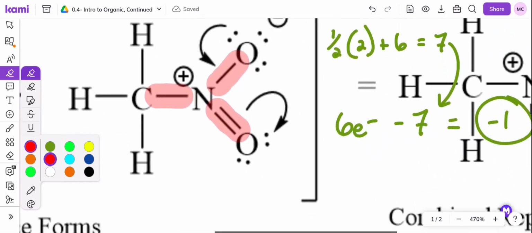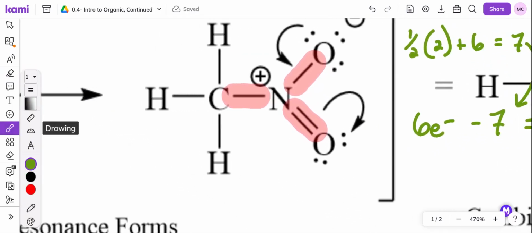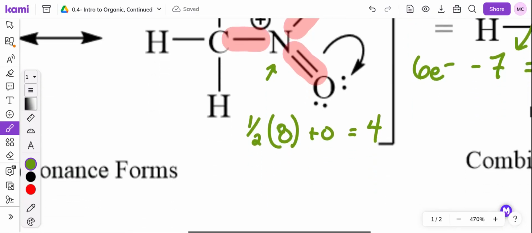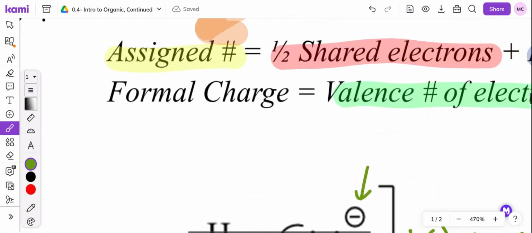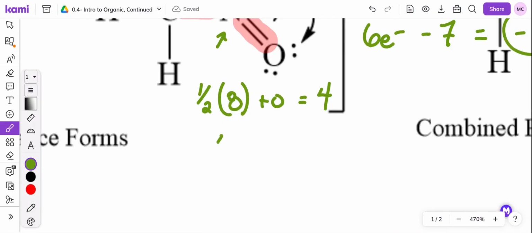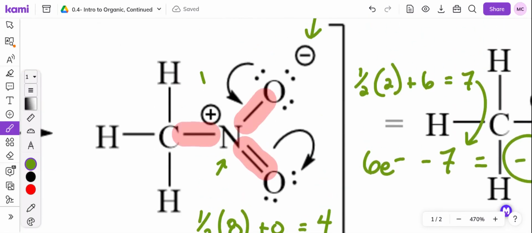So the nitrogen here has 8 shared electrons. That would be 1/2 of 8, and there are no lone electrons on this nitrogen, so that's +0, which gives me an assigned value of 4. Then to find the formal charge, you take the number of valence electrons minus the assigned number. Nitrogen is in group 5A, so 5 minus 4 gives me a +1 charge, and that is why we see that +1 there.